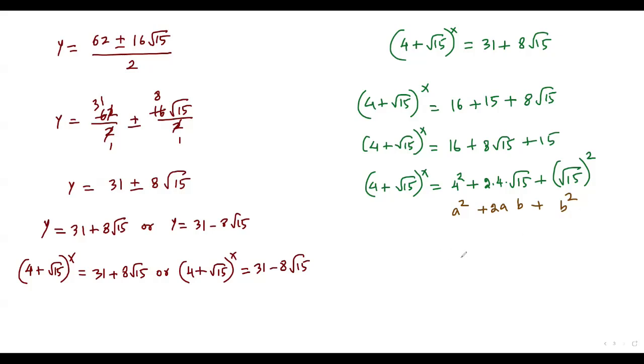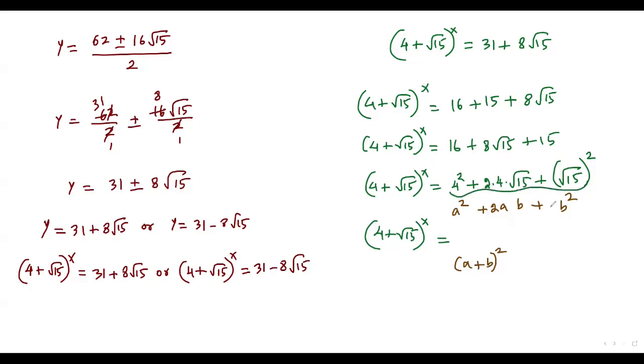I can write a positive b the whole square. It's one of the basic identities of algebra. Okay, now let me continue. 4 positive square root of 15 whole to the x power equals, so when we have the trinomial a square positive 2ab positive b square, instead of that we can write the square of the binomial a positive b.